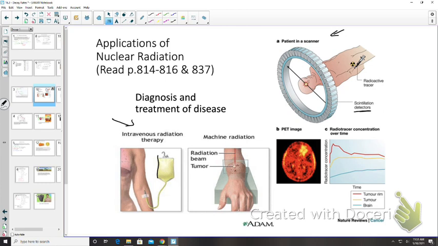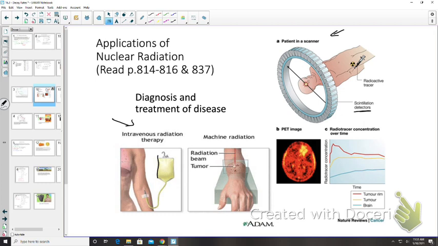Machine radiation, so again, as we're getting a little bit more sophisticated with our instrumentation, we can have more precise applications of radiation. So instead of chemotherapy for the entire body, they can take a radiation beam and focus it right on one tumor.